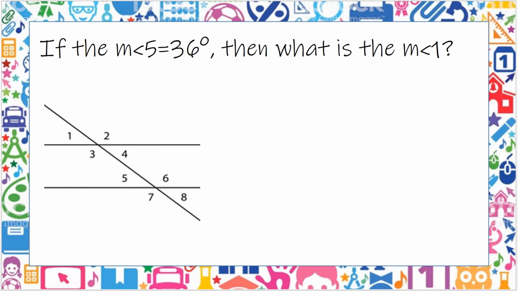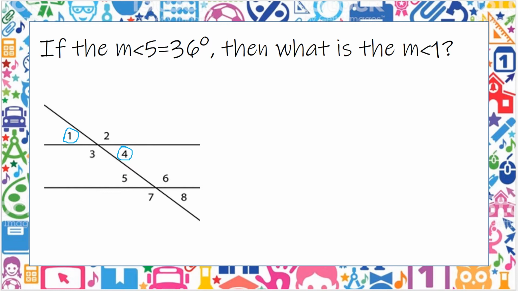If the measure of angle 5 is 36 degrees, then what is the measure of angle 1? So I'm going to start by showing you the vertical angles. If I've got angle 1, a vertical angle with angle 1 is angle 4 because they're made from the same two lines directly across from each other.